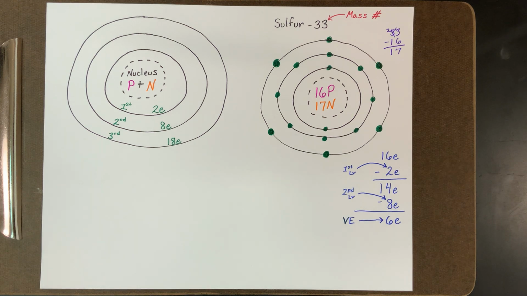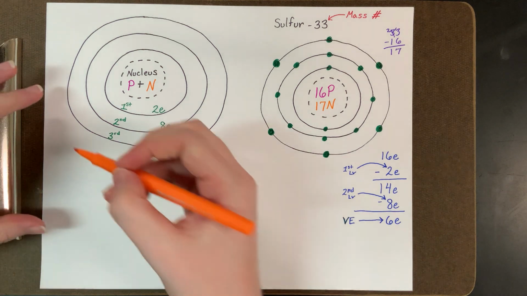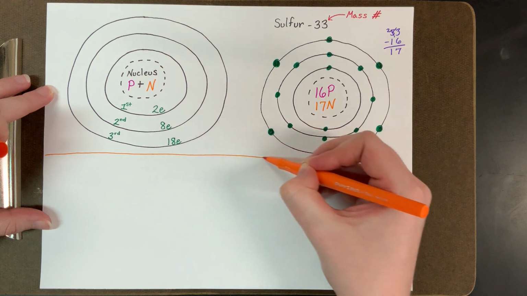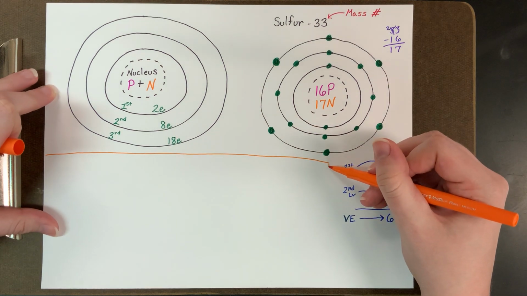And that is how we can draw and identify a Bohr model. And all of that information I just took from the periodic table. Now, I'm going to section this off so that we can talk about some other stuff.